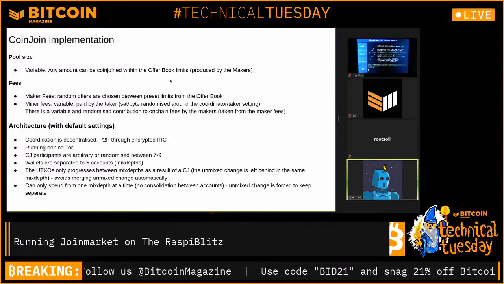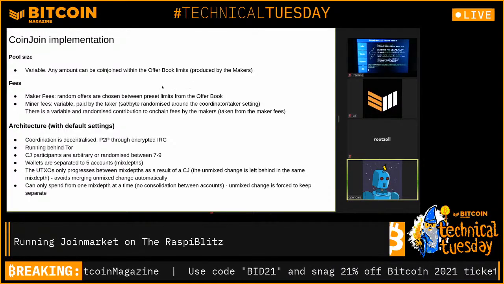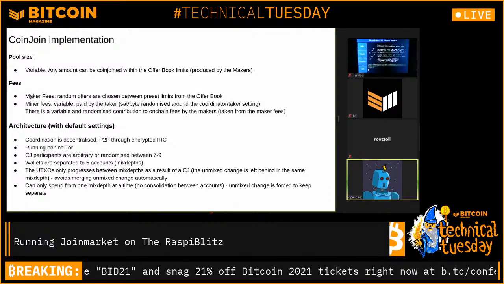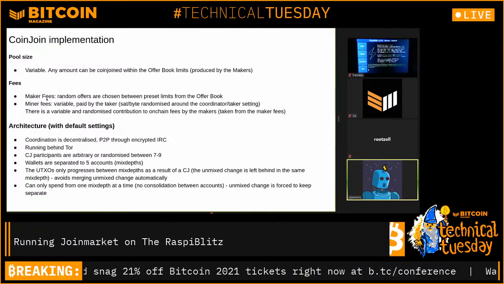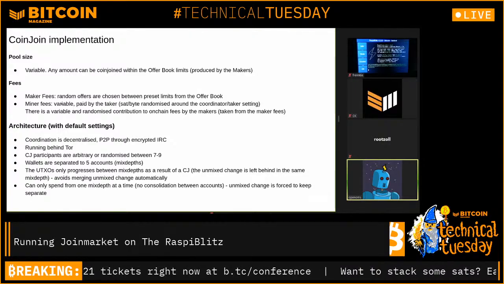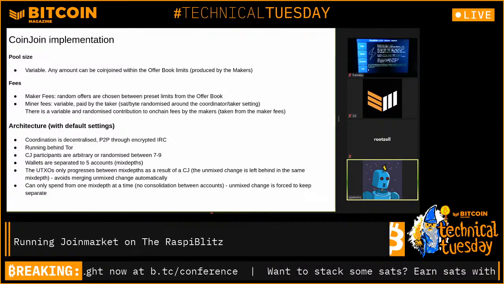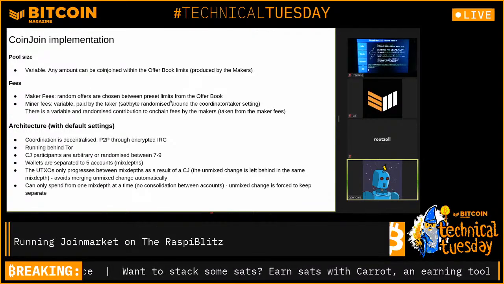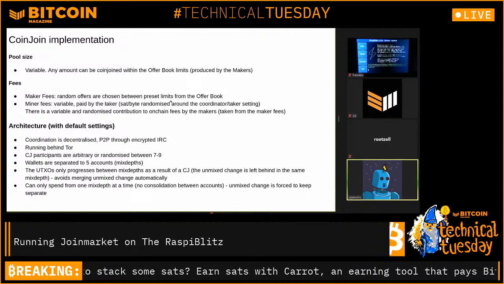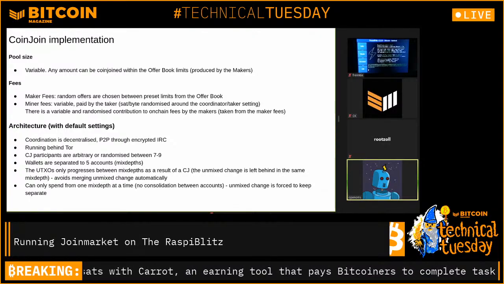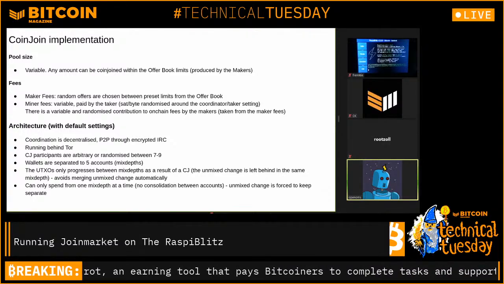If there are offers, you can trigger them and pay them to be part of the transaction. The fees are made up of two parts. The first is the fees paid to the makers. These are set by the entities who put these funds up on offer, but they are also randomized within the set limits, which is by default plus or minus 20%.